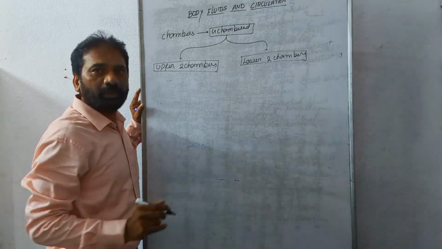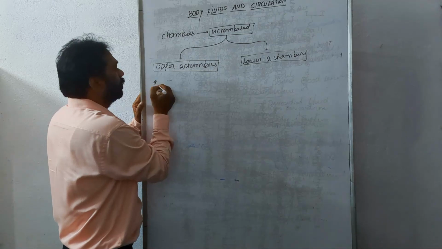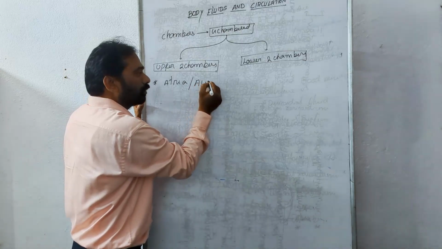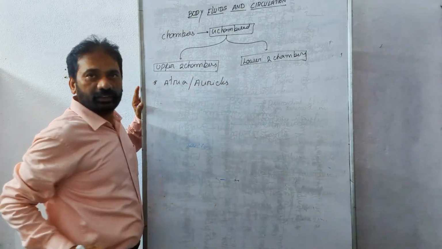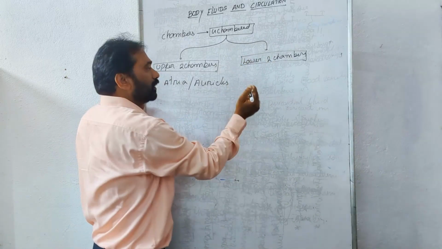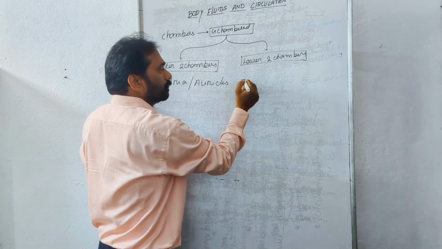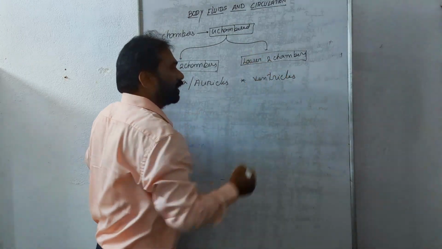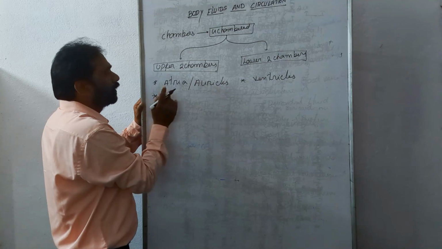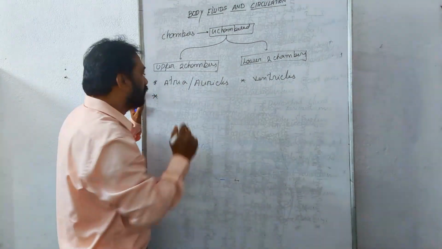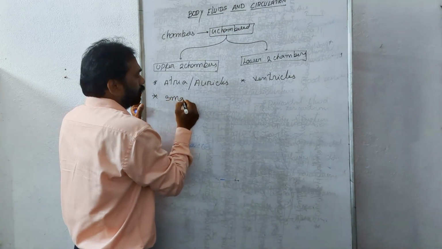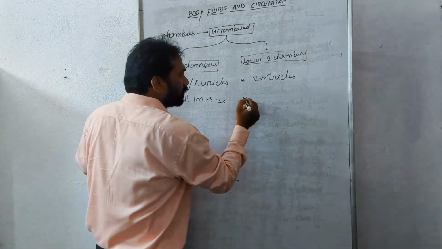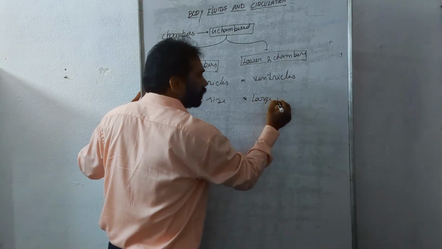These upper two chambers are called atria or auricles. These lower two chambers are ventricles. These atria are small in size. These ventricles are large in size.